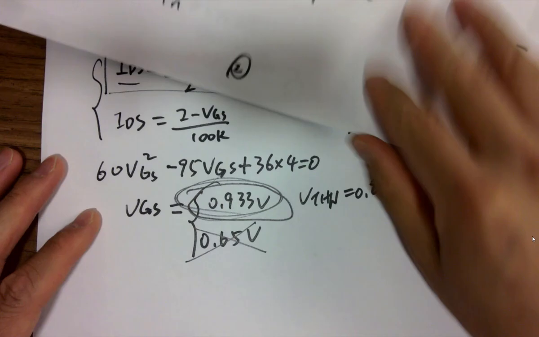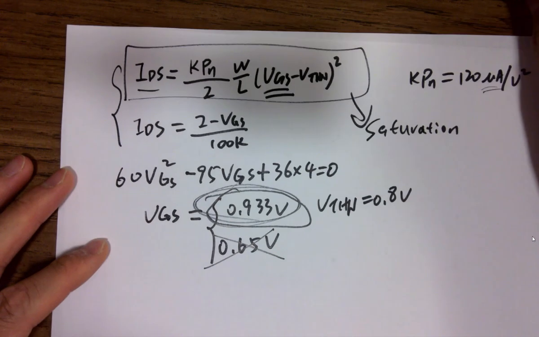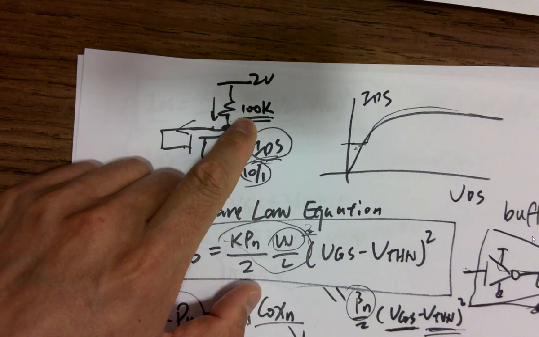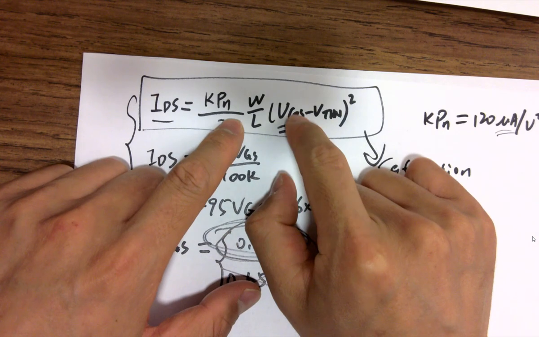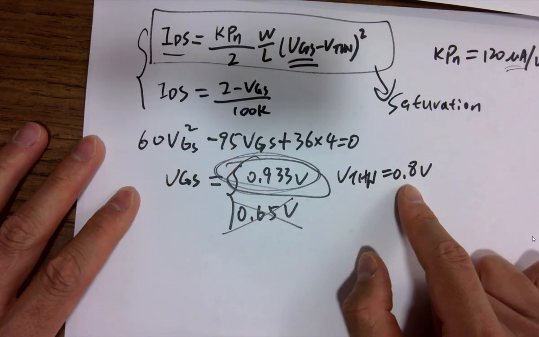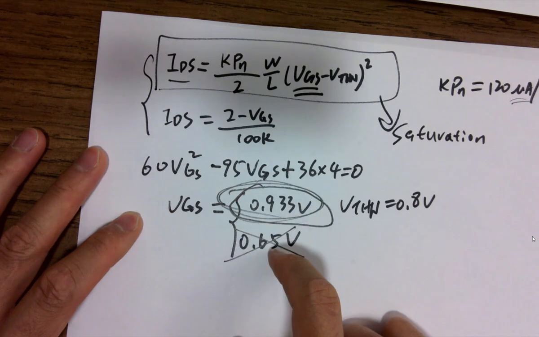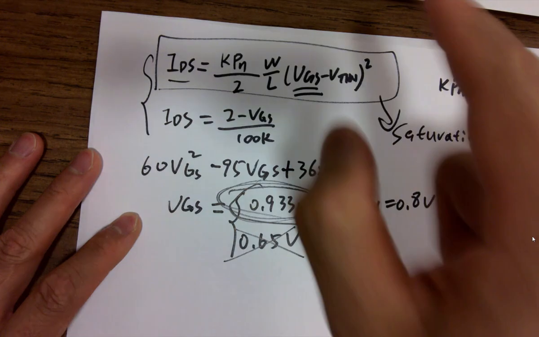But if we change this resistor to a much bigger value, like 200K, and assume saturation, eventually you won't be able to find a voltage higher than 0.8 volts. So it doesn't work, which means it's not in saturation. But here we assume it works, so it's in saturation.